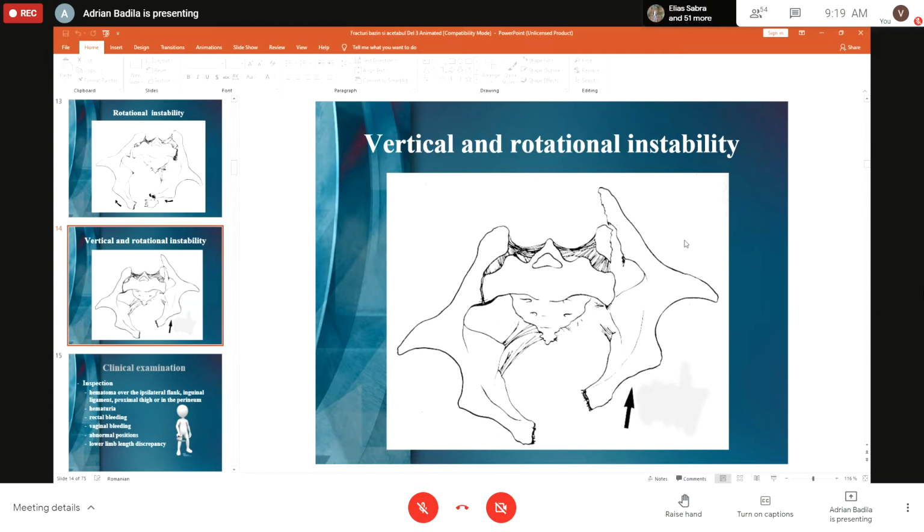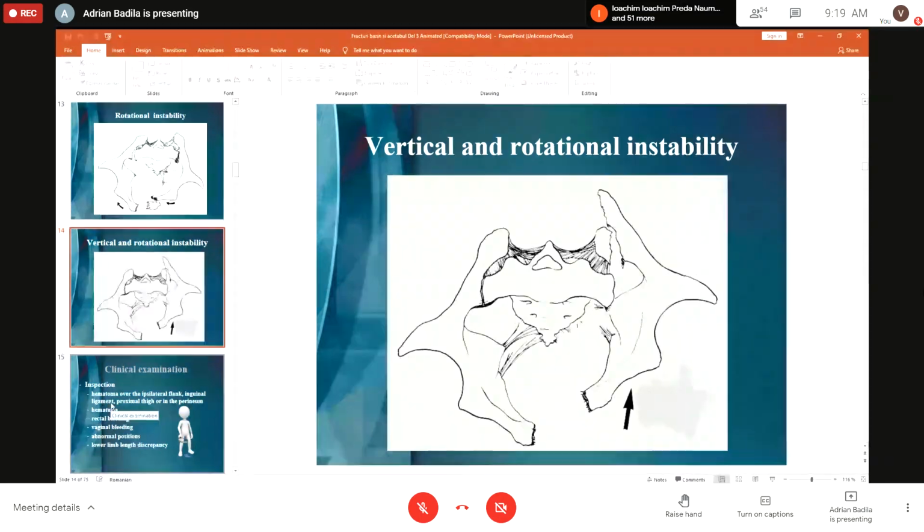That means that this hemipelvis can rotate, and because of that, we have rotational instability, but also this hemipelvis can go up and down. That means vertical instability. So in this case, we have a fracture with vertical and rotational instability.